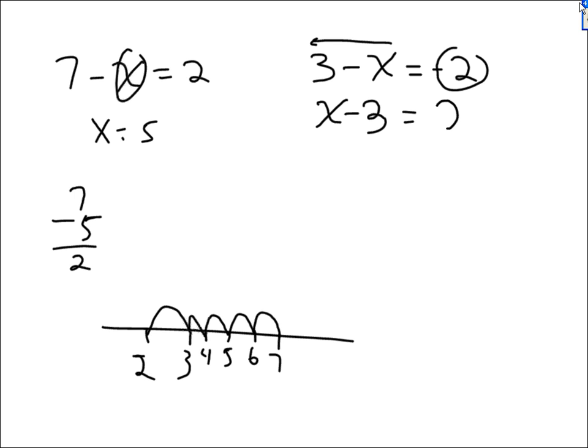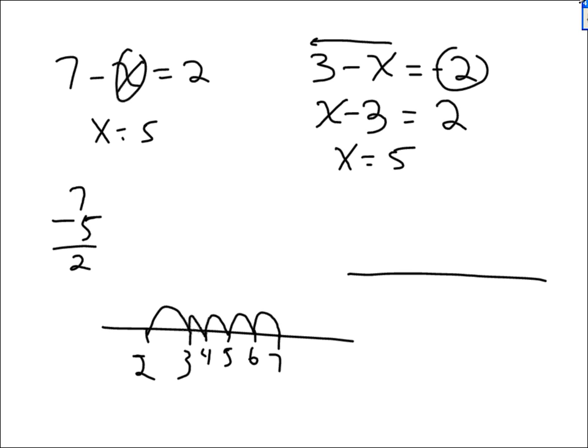It's not negative 2, but it's positive 2. Oh, I know that. 5 minus 3 is 2. Therefore, x is the number 5, and that problem is finished. X is 5. 3 take away 5 is negative 2.